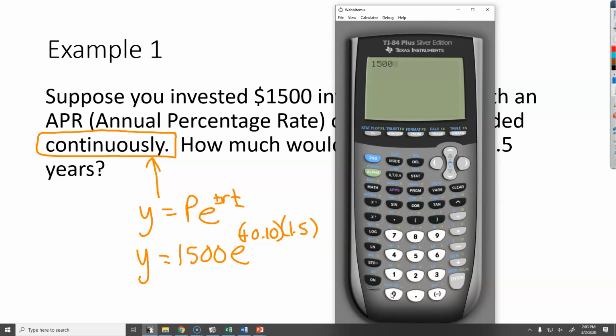Push the button that says second, located in the top left, and then the button that says LN. You should see E with a little caret on it with some parentheses.